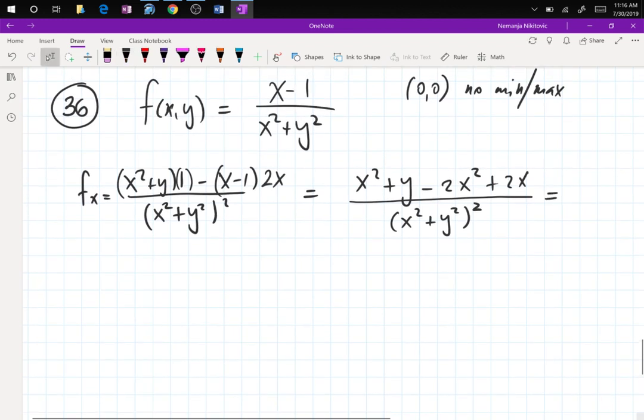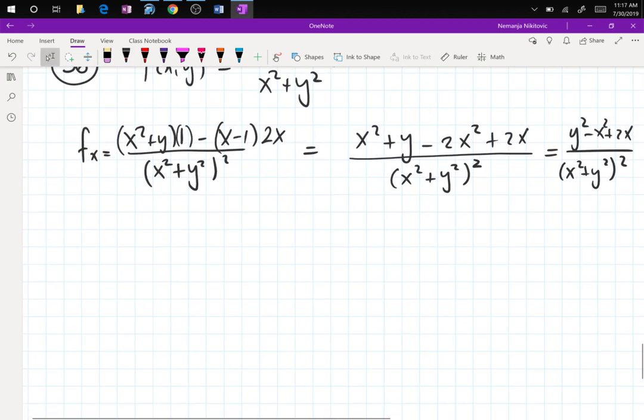So y squared minus x squared, because one of these cancels, plus 2x over. Now, the good thing is we don't have to worry about the denominator, because when we set this equal to 0, the denominator just goes away when you cross multiply. So that part is at least easier.